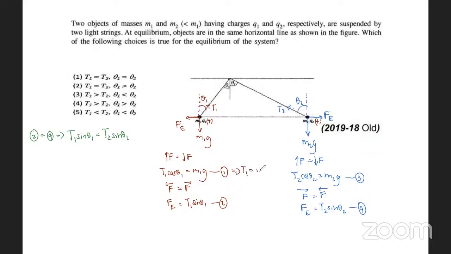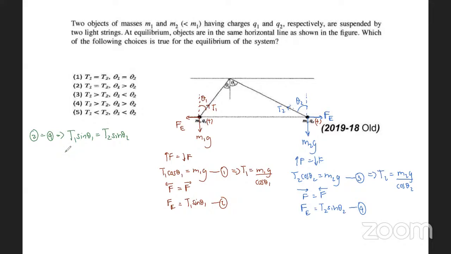What is it? M1g over cos theta 1. From this you can say T2. So let's try to substitute that there, because having both T1 and theta is not going to help us. We need to get rid of one of them. So I'll get rid of T1 first.